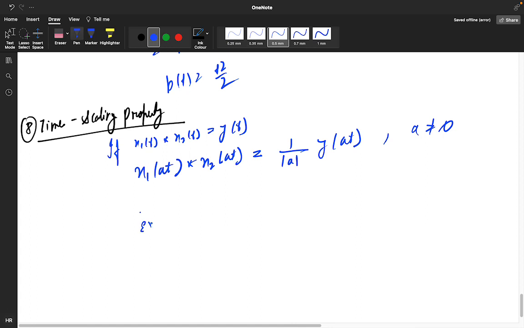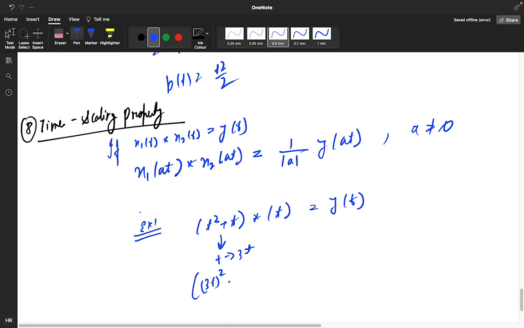For example, t square plus t is getting convoluted with t, and the result is y of t. Now you are doing a scaling, making t equal to 3t. So you are getting 3t whole square plus 3t convoluted with 3t.